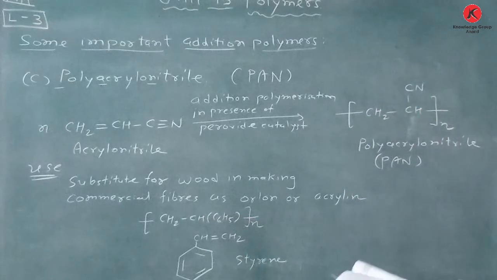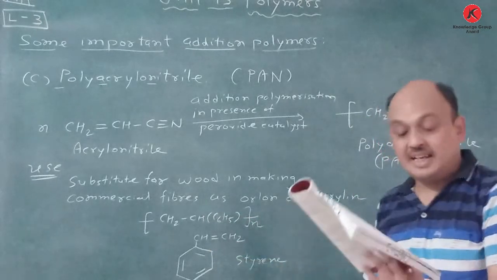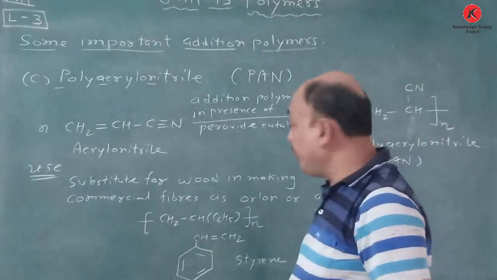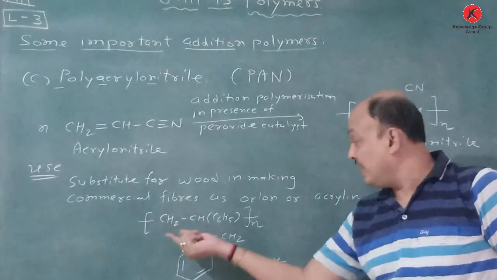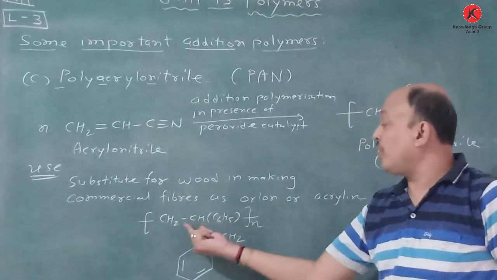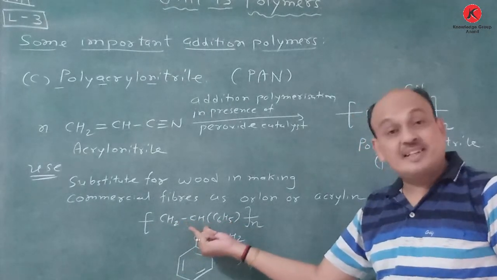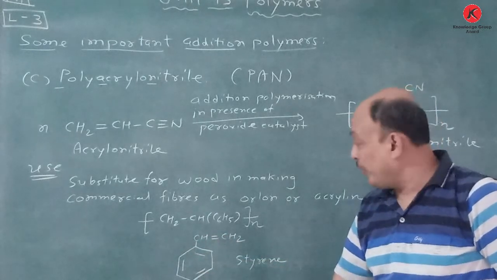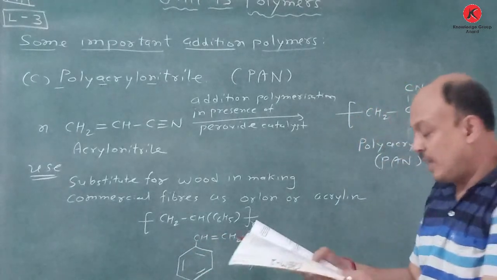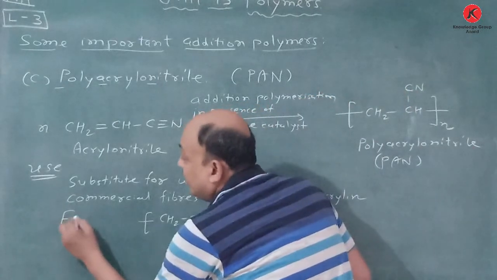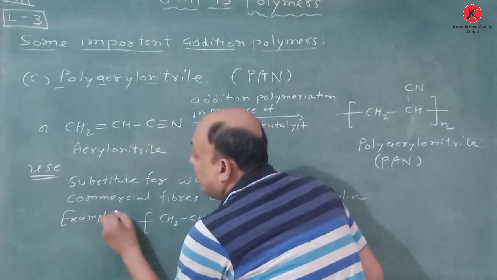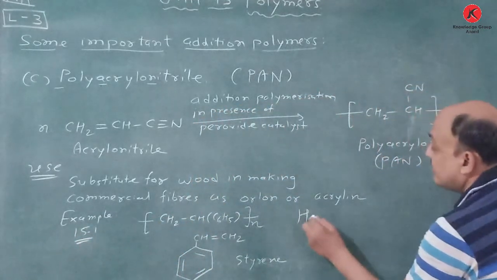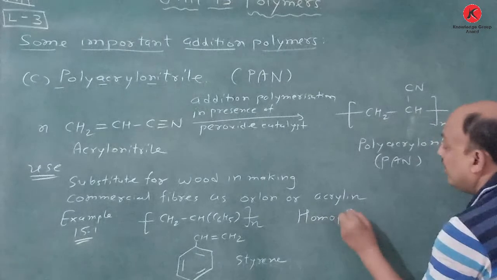It is only one monomer, that's why it is considered a homopolymer, not a copolymer. Suppose two monomers, two different compounds were there, then it would be considered a copolymer. But here it is a homopolymer. So, example 15.1 is considered a homopolymer.